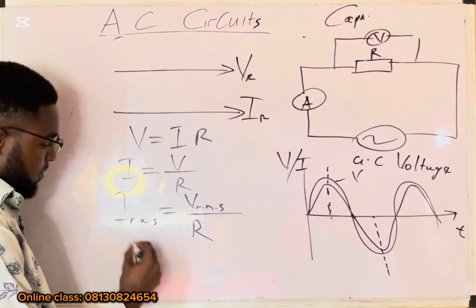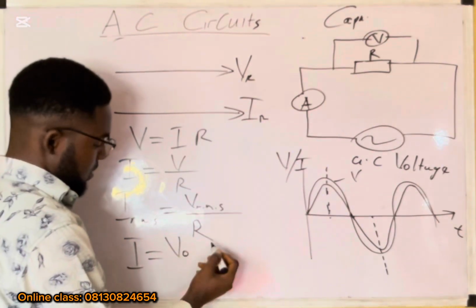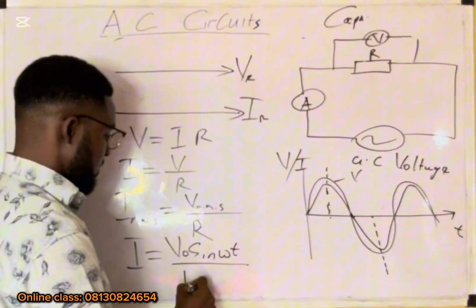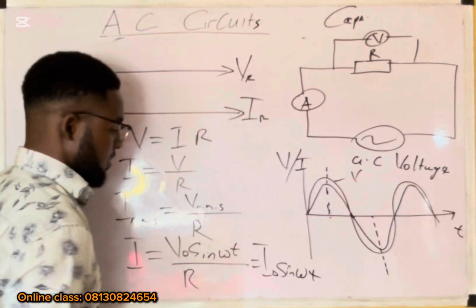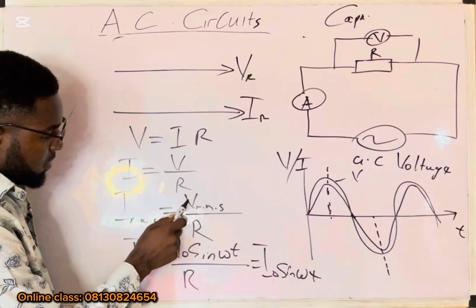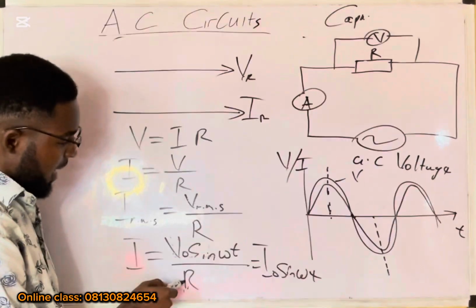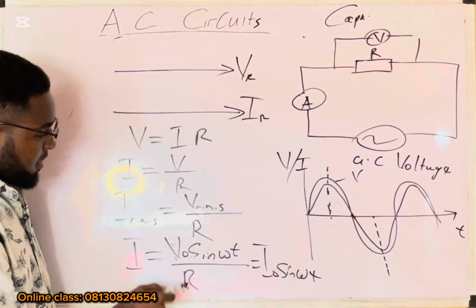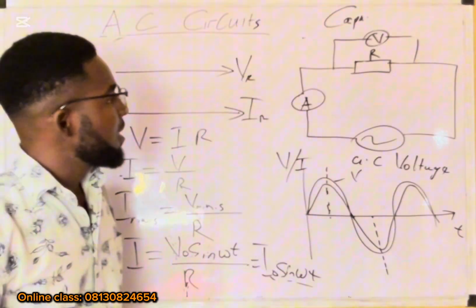From here, we can deduce that I is equal to V over R, where V is V naught sine omega t, all over R, which is the same thing as I naught sine omega t. This V over R is the same thing as I, so it's I naught sine omega t. I guess this is clarified.